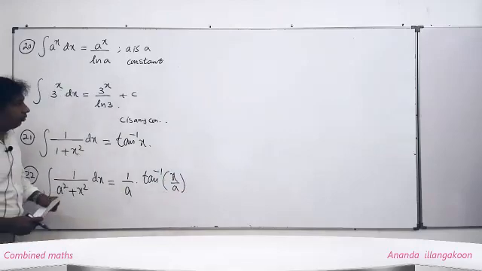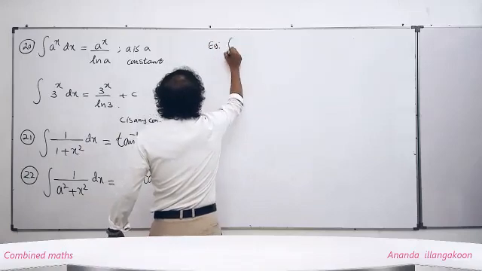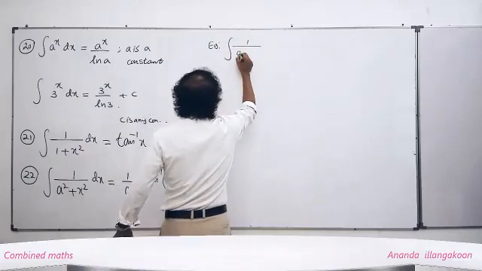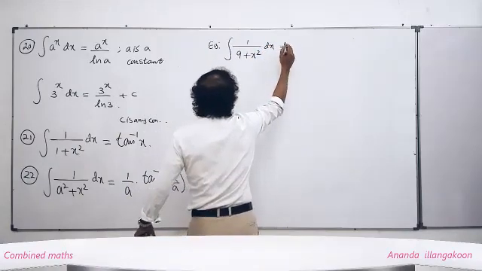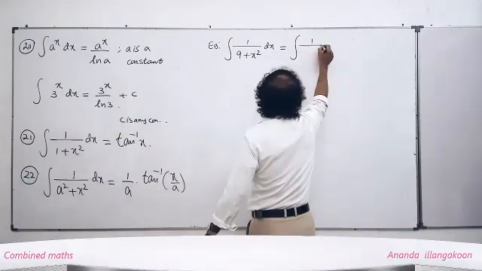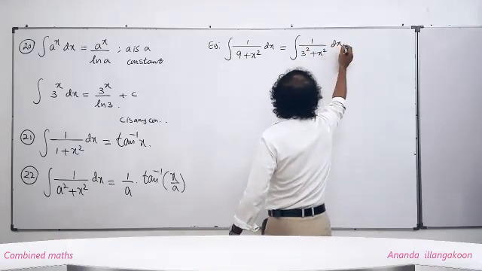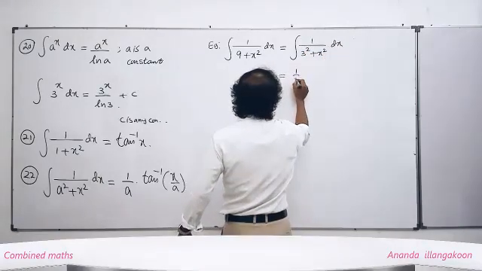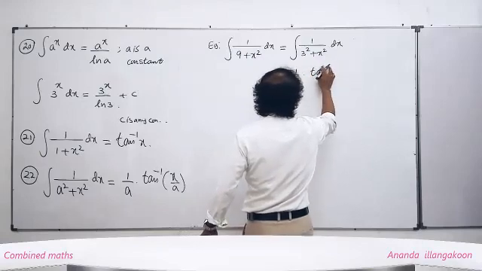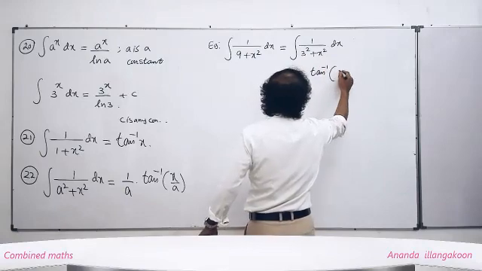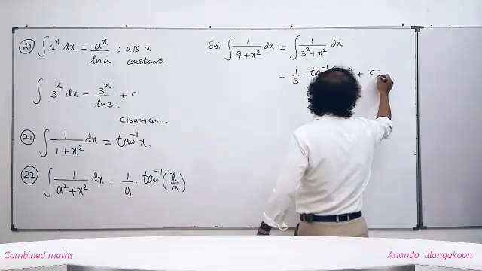Then for example, if I consider 1 upon 9 plus x squared dx. You can write this 9 as 3 squared, 1 upon 3 squared plus x squared dx. Then we get 1 upon 3 tan inverse x upon 3 plus c.